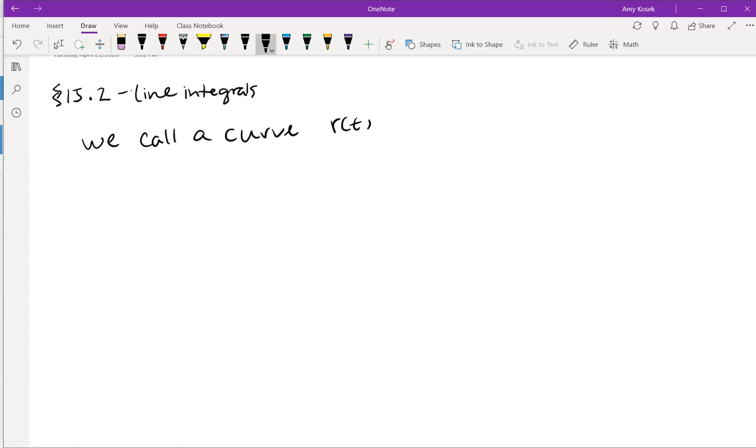So we call a curve r of t, which let's say is a plane curve, so it would have an x component, comma y of t, a y component.